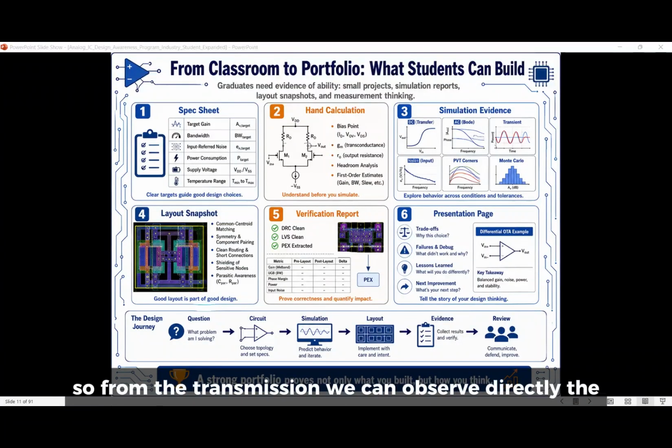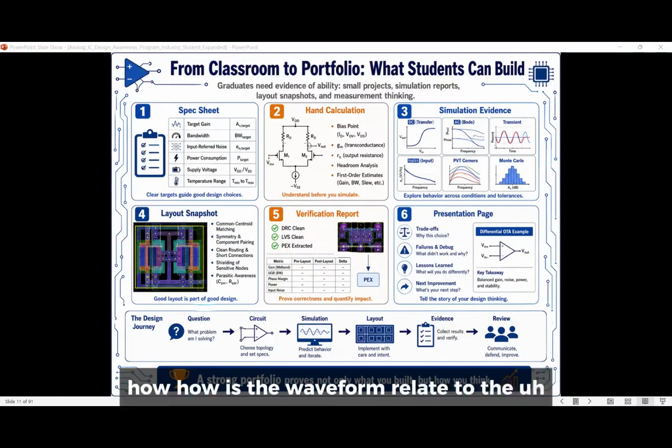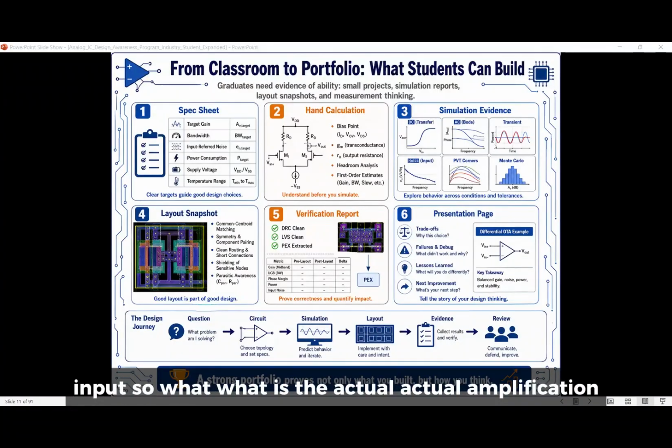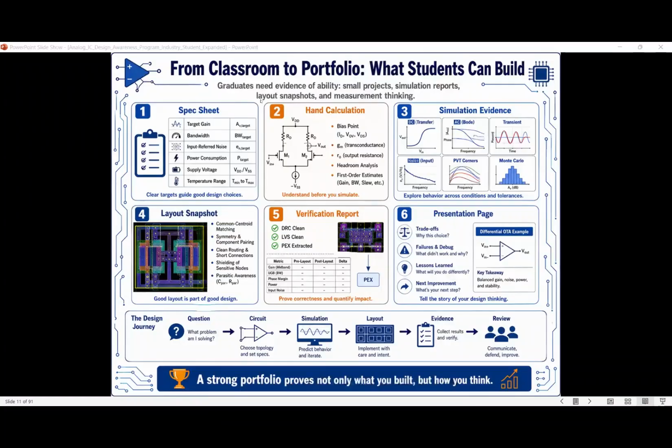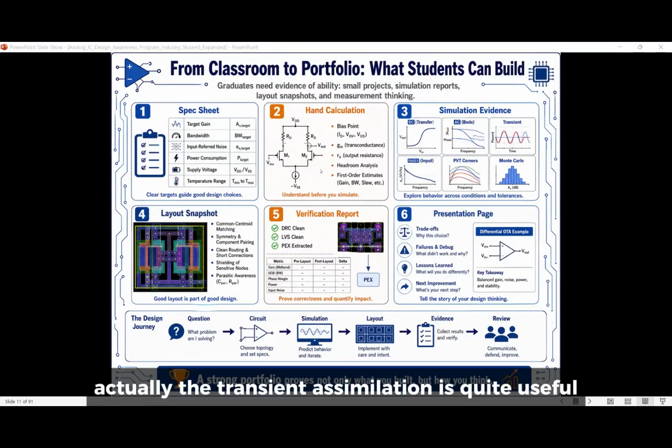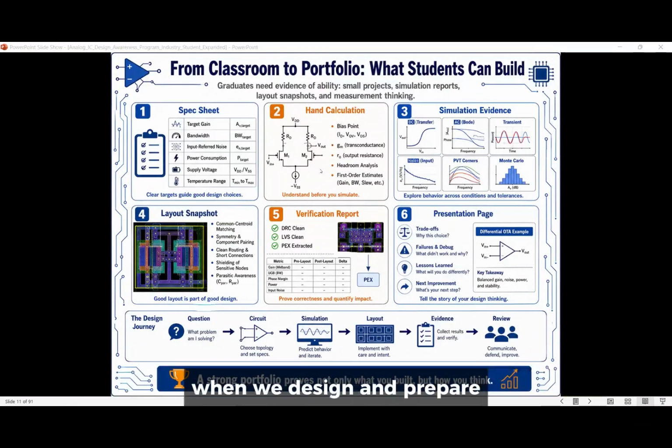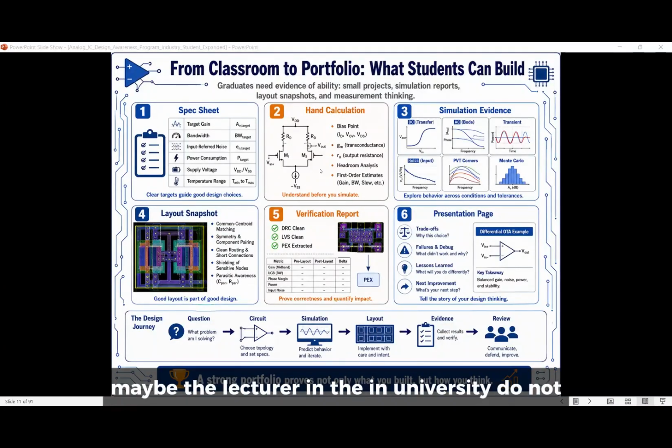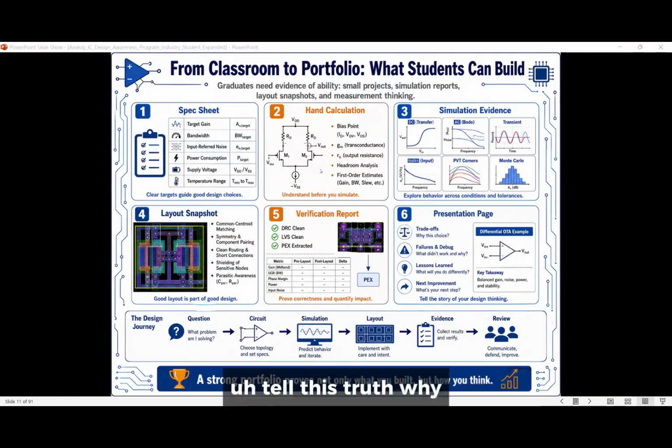So from the transient, we can directly observe how the output waveform relates to the input. So what is the actual amplification factor of this circuit? Actually, the transient simulation is quite useful when we design an amplifier. Maybe the lecturer in the university does not tell this truth.